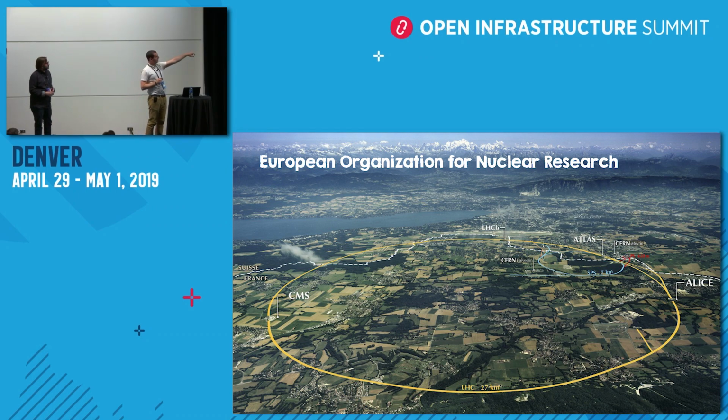We have the two sites, CERN Meyrin and CERN Prevessin, and you can see the four experiments: Atlas, Alice, CMS, and LHCb. We are located on the border between France and Switzerland. You can see Lake Geneva, and also the airport. This is the ring.